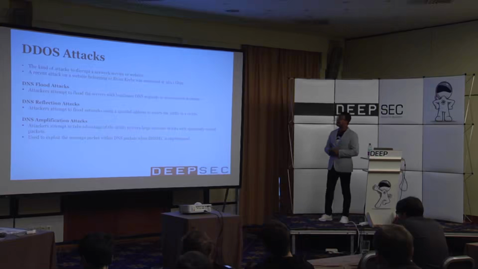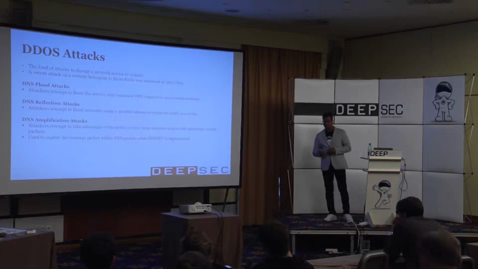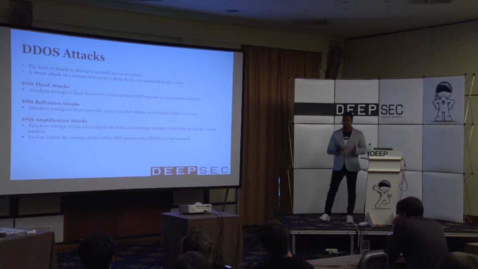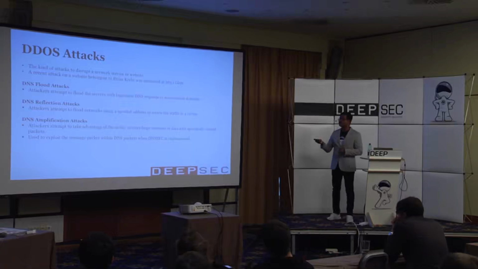And there are different types of DDoS attacks, which would be reflection attacks and amplification attacks. Reflection attacks are basically the type of attacks in which the user just spoofs a particular address and returns the traffic to the victim.